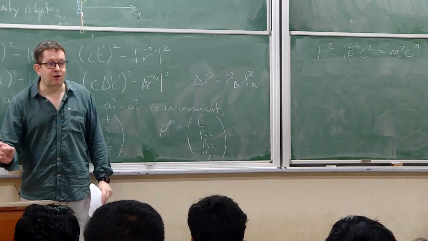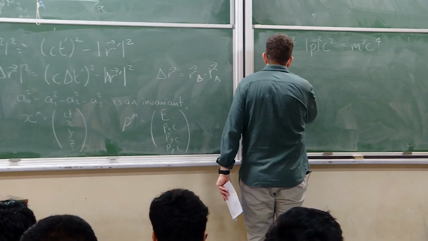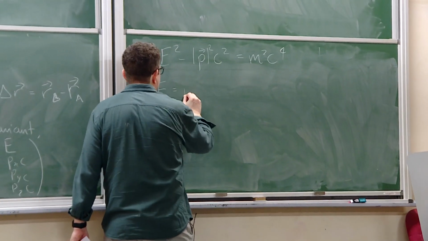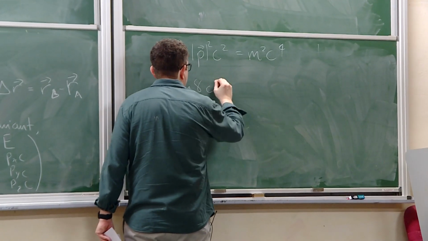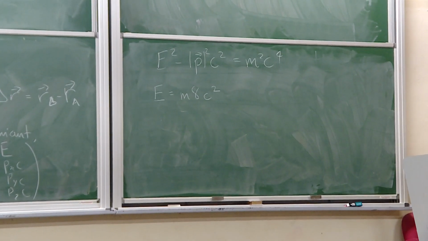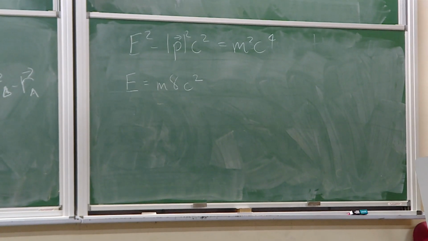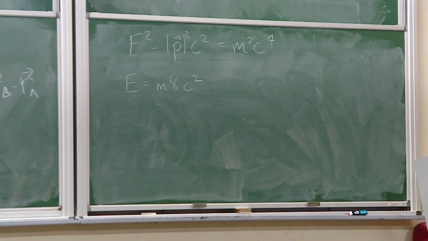Okay, that's the invariant quantity, the rest mass of the particle. And this also leads us to have relativistic energy, which is actually written as this. So a particle with mass m moving with some speed v will have this as its energy. Okay?